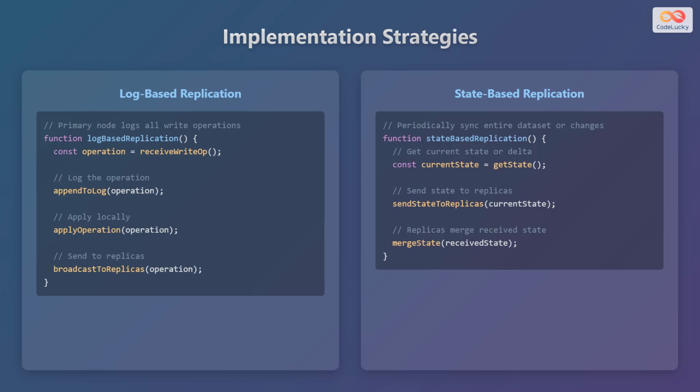Here is the pseudocode that has comments explaining the mechanism. Log-based replication captures every transaction, providing fine-grained control, while state-based replication simplifies the synchronization process by transferring the current state. The choice depends on the desired level of granularity and the complexity of conflict resolution.